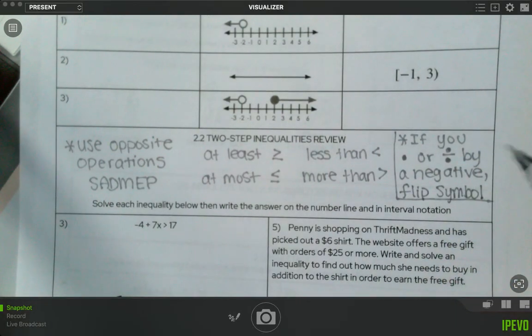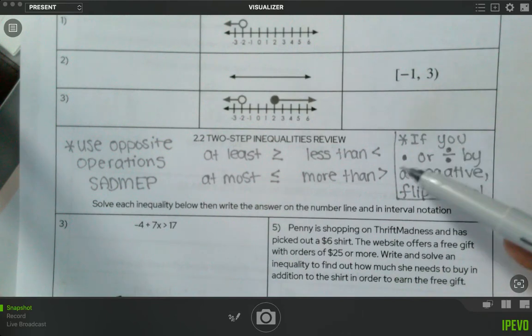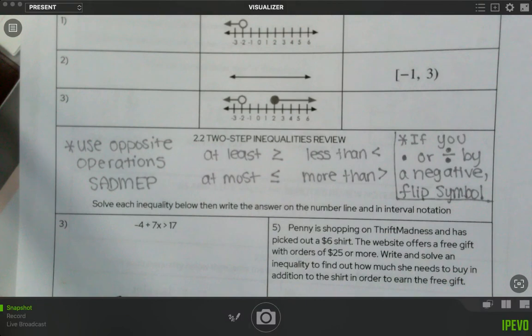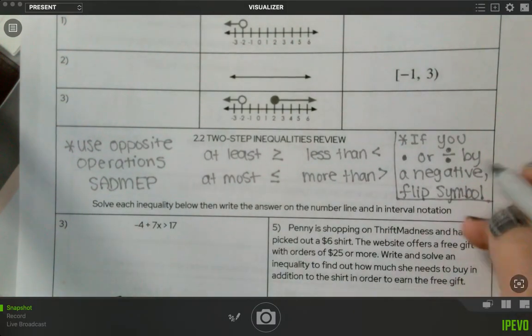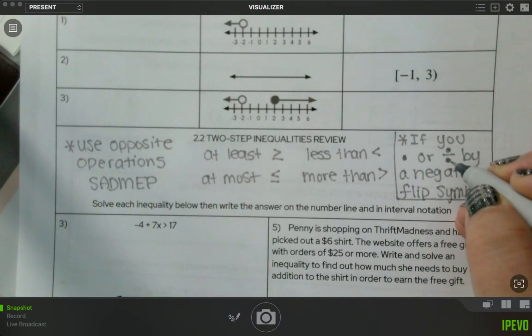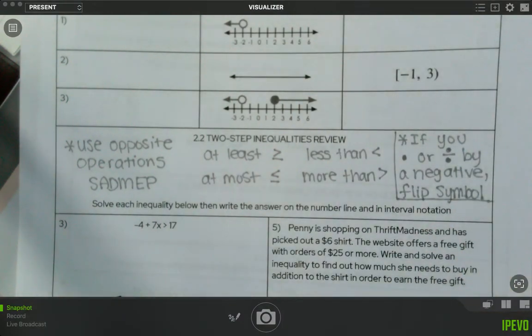Okay, and I'm saying if you are choosing to multiply or divide by a negative on both sides. So like if you need to divide both sides by -2, flip the symbol. When we are dividing, we only care about the number that goes on the bottom if it's negative.